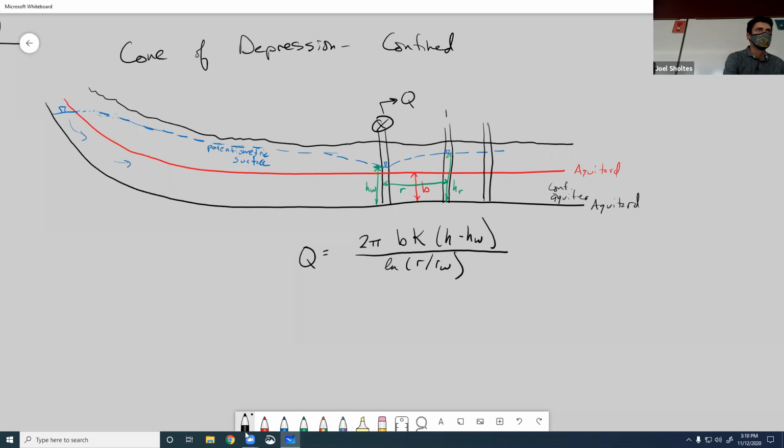Alternatively, if we had 2 wells, this would be Q is equal to 2 pi BK, H2 minus H1, all over ln R2 over R1.